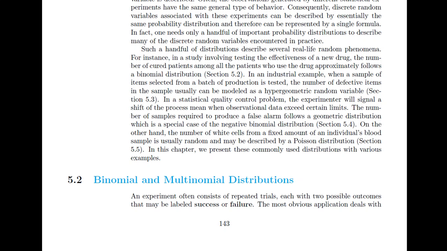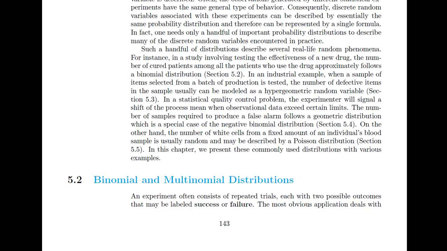The first distributions are the binomial and multinomial distributions. An experiment often consists of repeated trials, each with two possible outcomes that may be labeled success or failure.